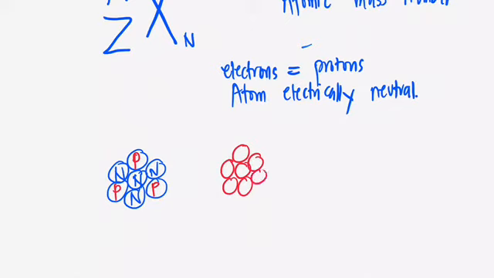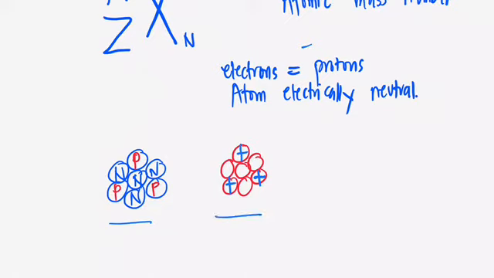Let me just draw. We all know that the protons have a positive charge and the neutrons have no charge. So we designate it like this. This is an example of this.